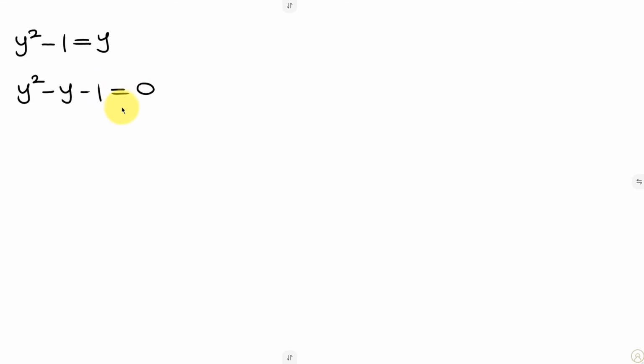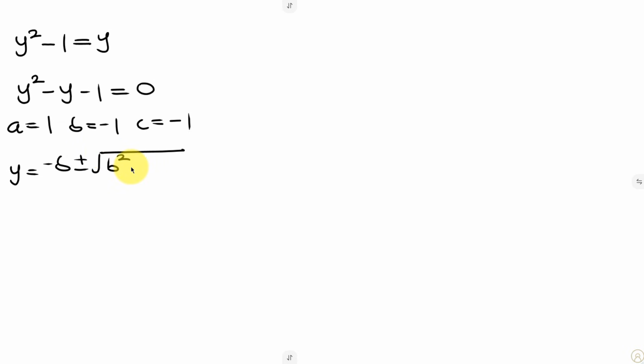Now we're going to be using the quadratic formula to solve this. Our a here is 1, our b is negative 1, and our c is also negative 1. Now using the quadratic formula, y equal to negative b plus or minus the square root of b squared minus 4ac all over 2a.